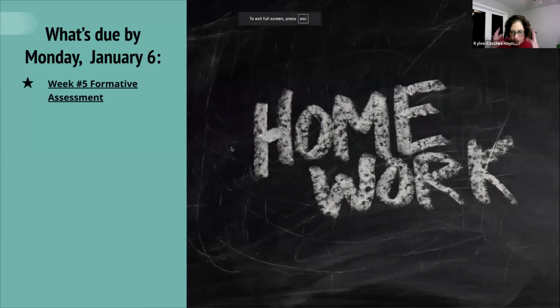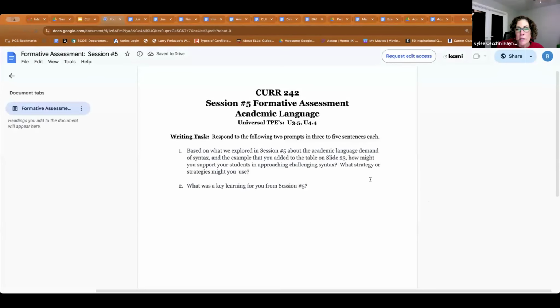All right. So homework. Let's wrap our heads around what's what. What's due Monday, January 6th is the formative assessment for tonight. Here's what it is. Based on what we explored in session 5 around academic language demand, syntax, and the example you might have added to the table on slide 23, how might you support your students in approaching challenging syntax?